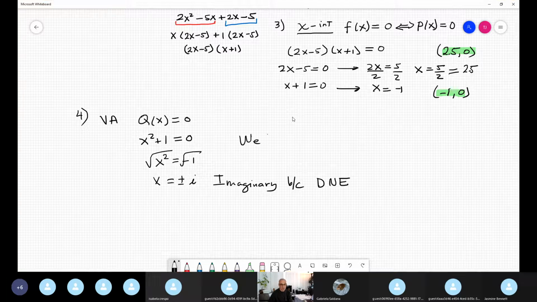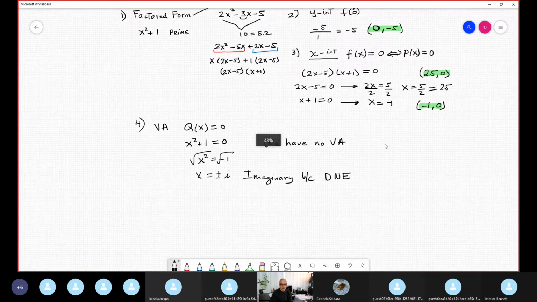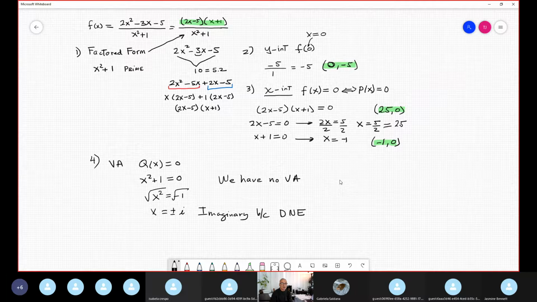We have no vertical asymptote. Okay? Keep in mind this does not always happen. So by the way, the domain of this function is all real numbers, because we have no holes and we have no vertical asymptote. The domain of f is all real numbers. But this is complementary.